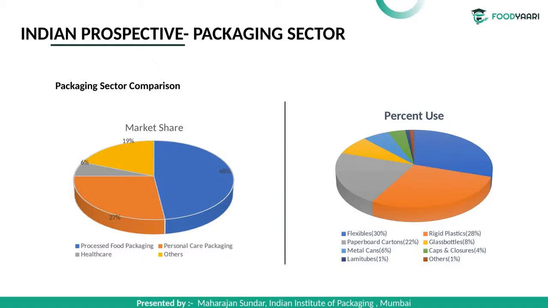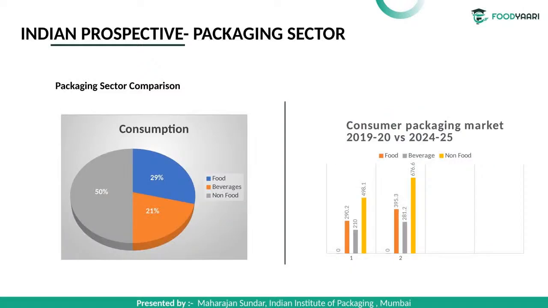Next come the rigid plastics, which occupy around 28%. Paperboard cartons evolve around 22%. Glass bottles 8%. Metal cans 6%. Caps and closures 4%. Others 1%.